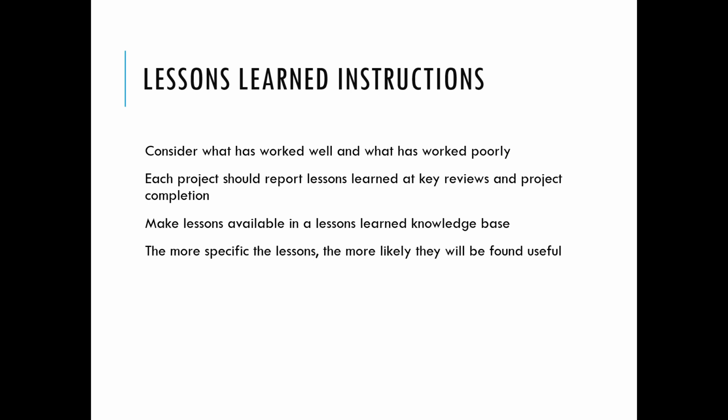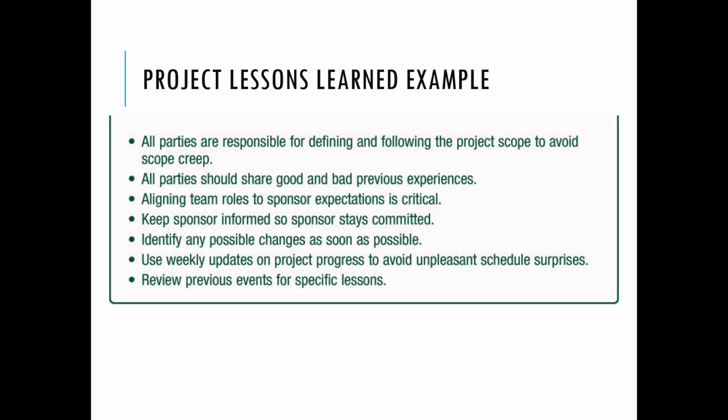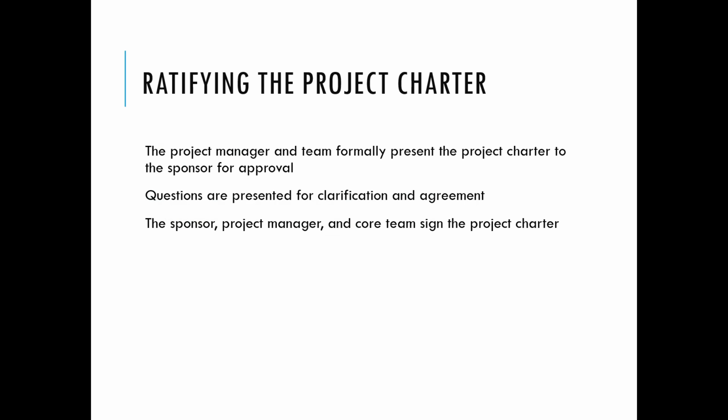Each project should report lessons learned at key reviews and project completion phases. We make the lessons available in a lessons learned knowledge base, and the more specific the lessons, the more likely they will be found useful. This is an example of a project lessons learned document or a knowledge base.